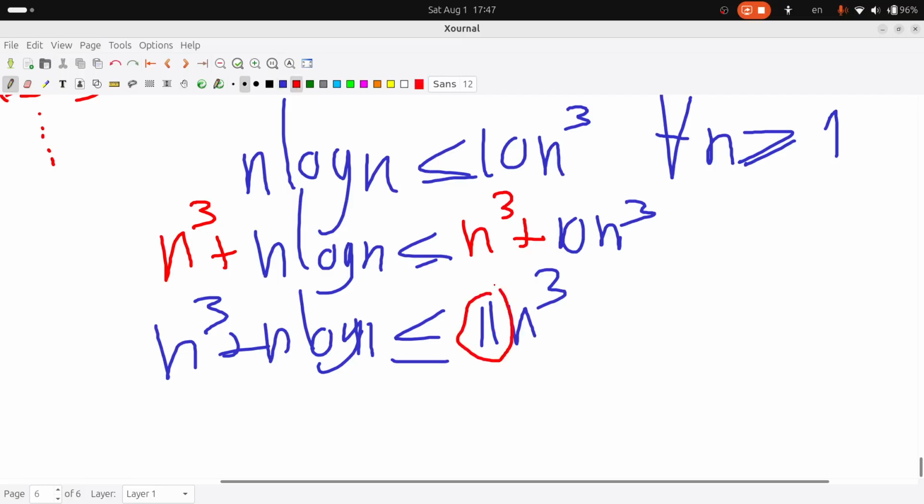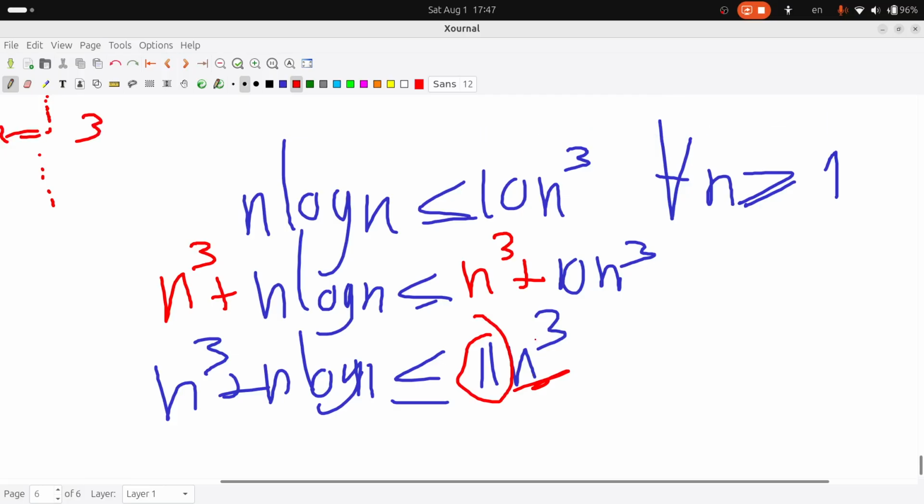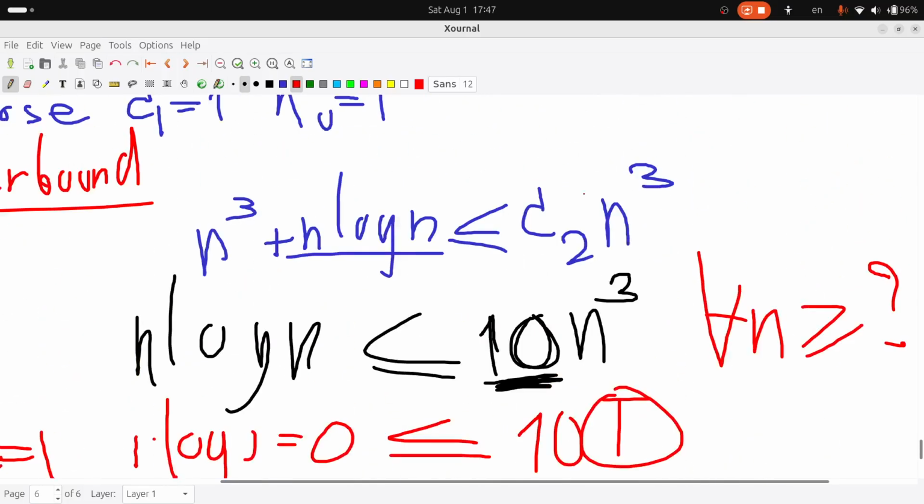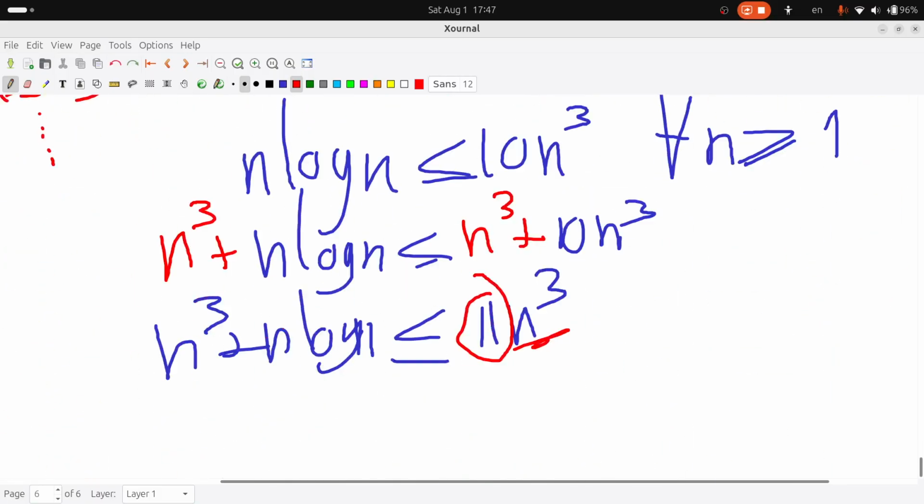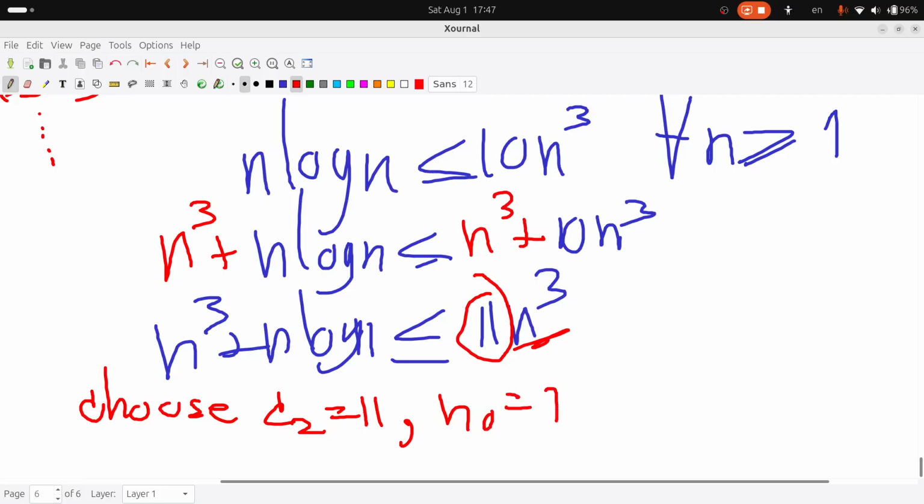This is the constant C2, right? And this n to the power of 3 is the same as the g(n) function. This one is the f(n) function, in the same equation. So we say that constant C2 is equal to 11 and n0 is 1.